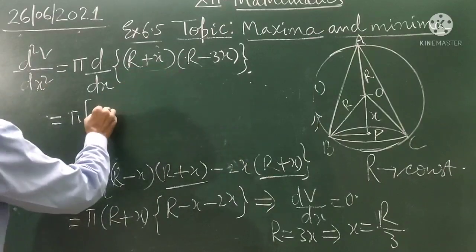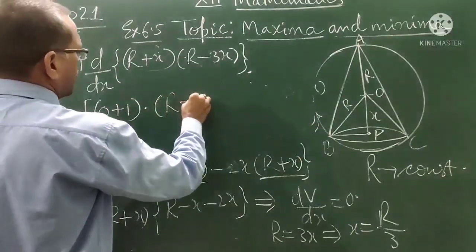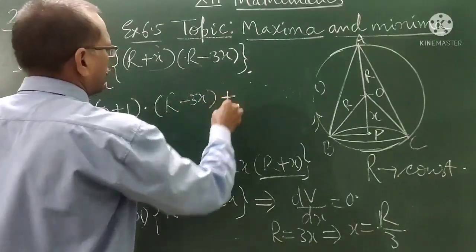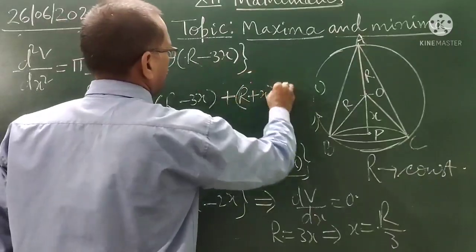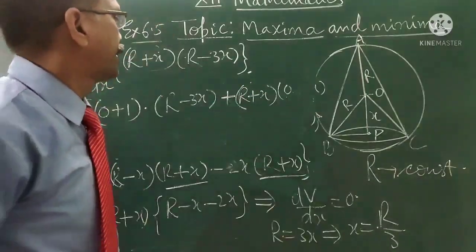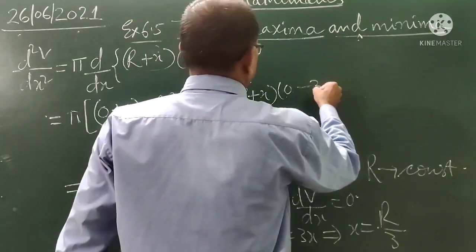The derivative of R plus X is 1 into R minus 3X plus R plus X, its derivative is minus 3.